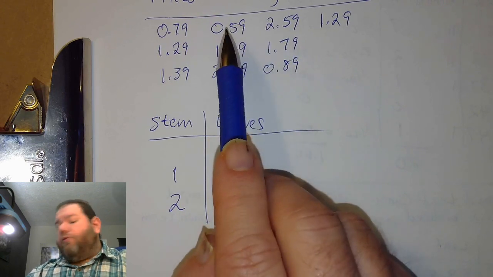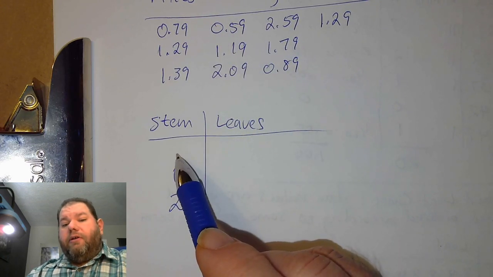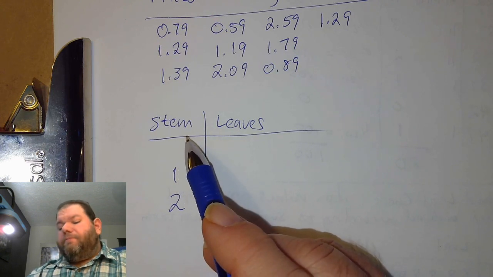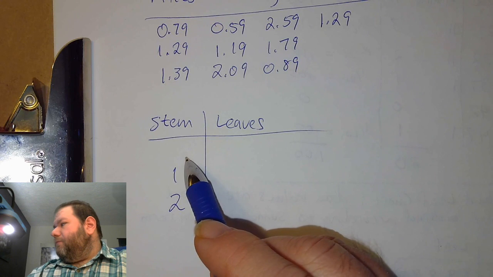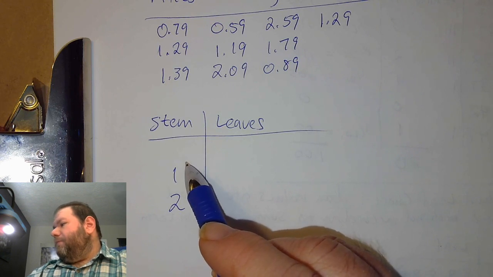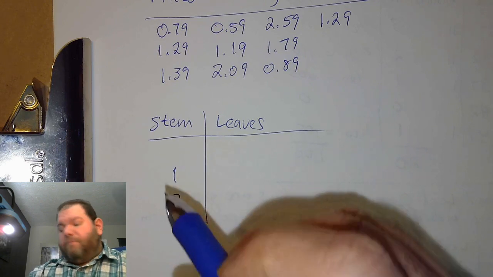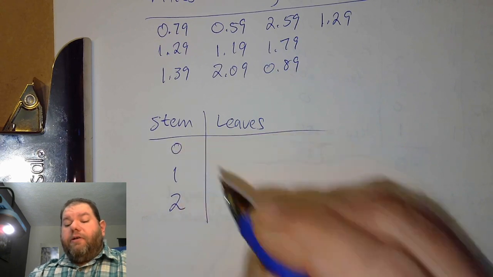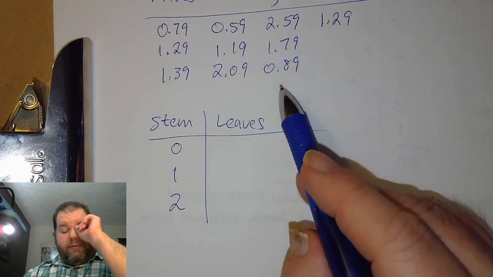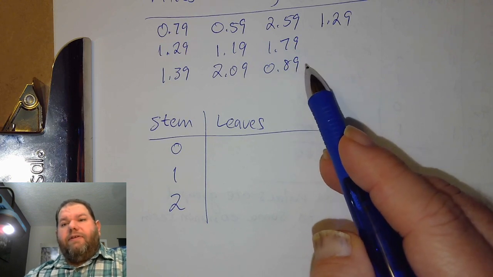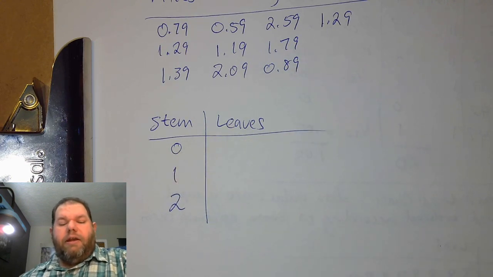In that case, what do we use as the stem? Yeah, we'd still use 0 there. And if we just said something costs 89 cents, the 0 would be implied.